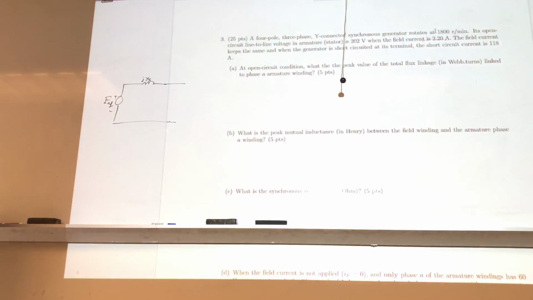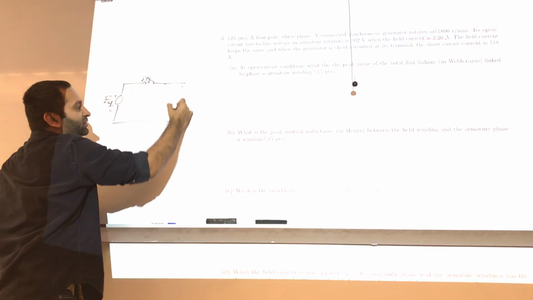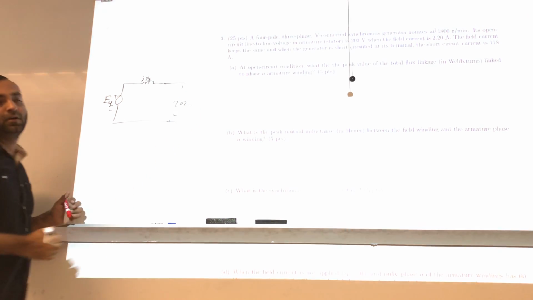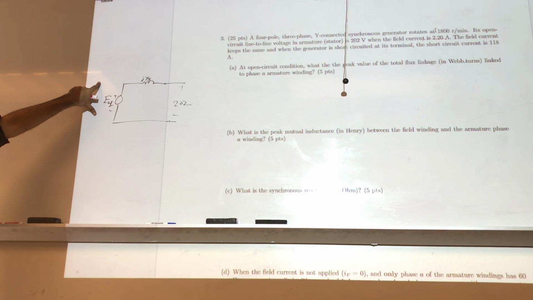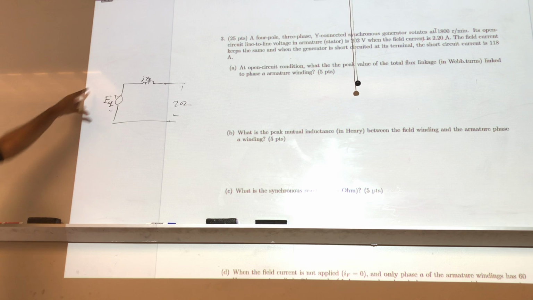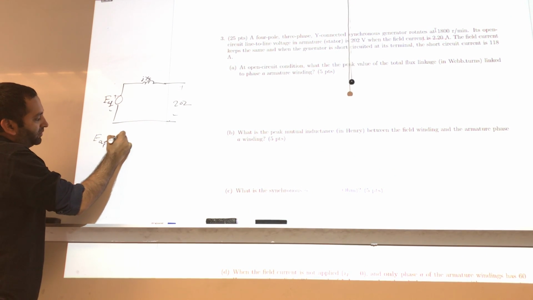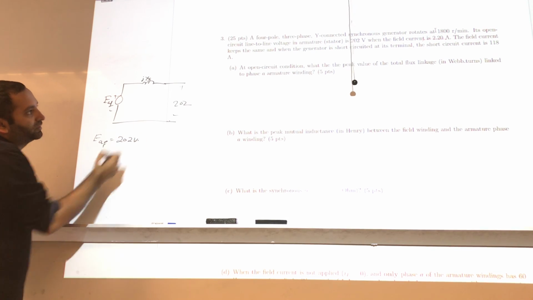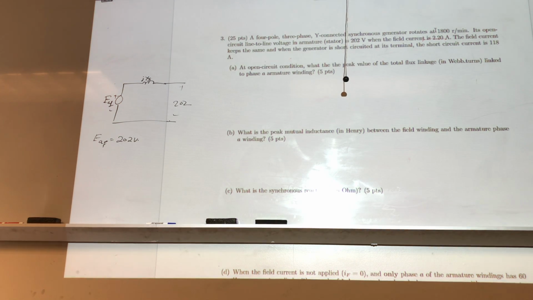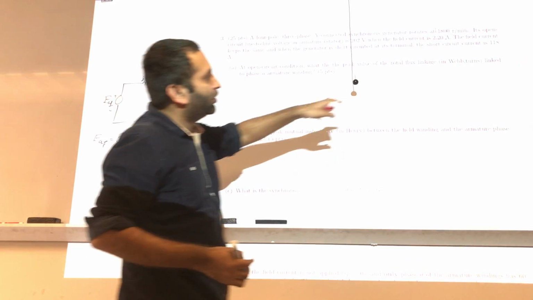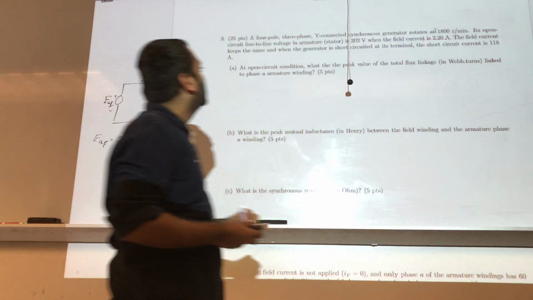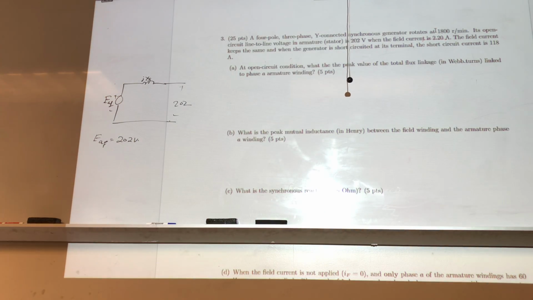The open circuit voltage is 202, so what is the value of EAF if it's open? 202. Yeah, so we found EAF as 202. Then it's given that when it's short circuited, the current is 118 amperes.